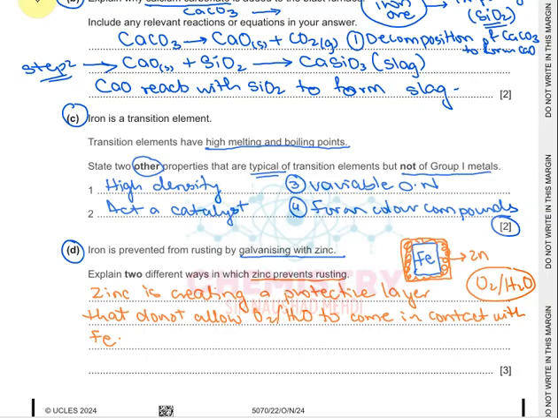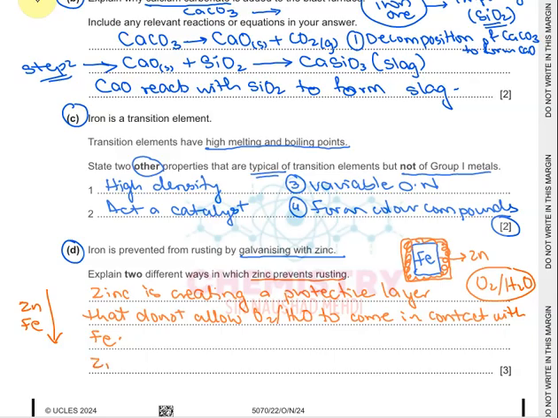layer is damaged, and if oxygen and water come in contact with the iron, then still the iron will not react, because of the reactivity difference, right? And if you look at the reactivity series, you will find that zinc is more reactive than iron. So when you go down the reactivity series, iron is below zinc.